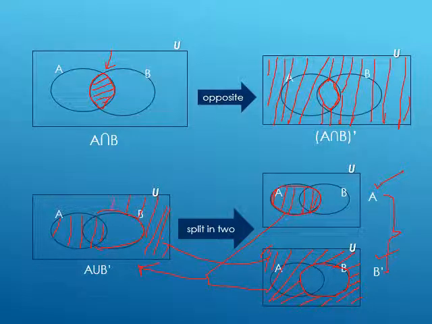Outside of A and B is union area of both sets. So this is the A union B complement. And you can observe that this area of set B is not included in both sets, in both previous sketches.